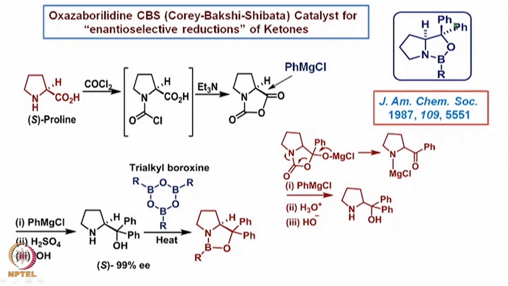Now, this particular type of Corey-Bakshi-Shibata catalyst can be prepared from either S-proline or R-proline. Because there are 2 five-membered rings which are attached to each other, the shape of this catalyst will be of a bowl type, in which one side of the bowl is sterically hindered and the other side is sterically free.